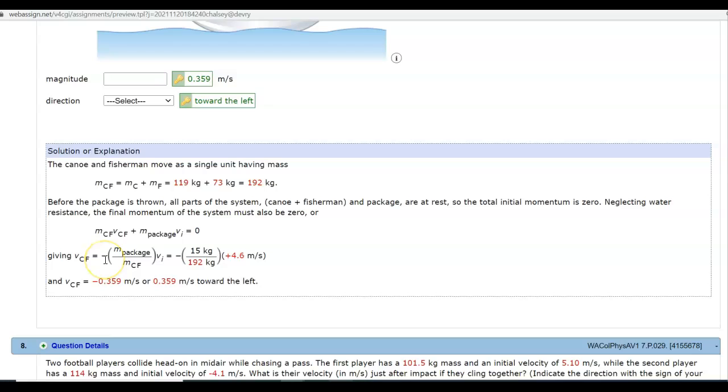And that will be minus, meaning it's in the opposite direction. Okay, so that gives us negative 0.359, and that would be toward the left.